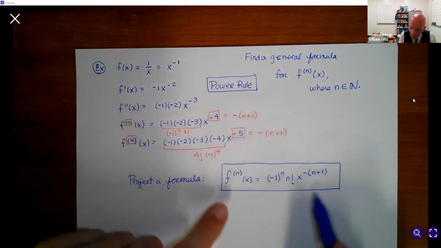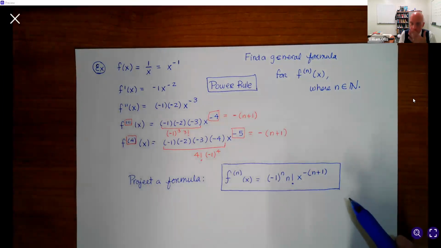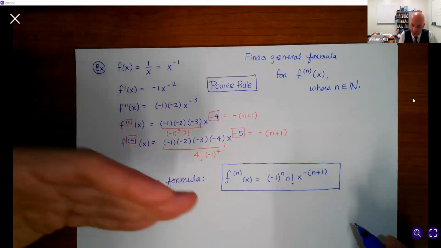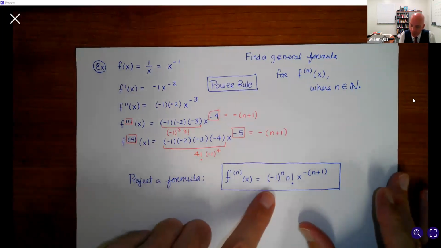So this clearly is an inductive property that you could prove rigorously by induction. But I think we're at least fairly assured that if we continue with this, that this would be the result.